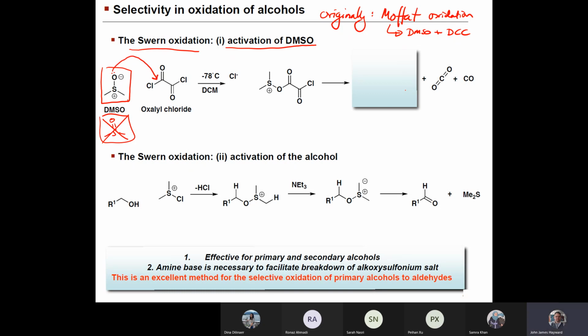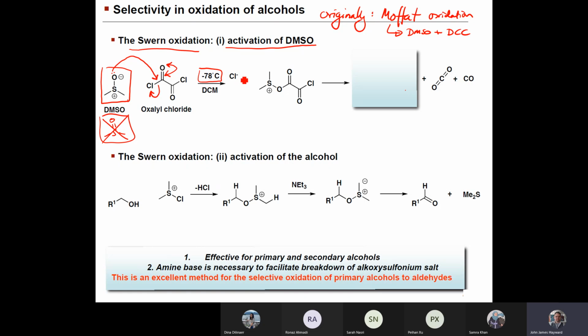We attack oxalyl chloride, which is a very reactive reagent. So we attack the carbonyl, which breaks the bond. The bond then comes back down to kick out chloride. And the important thing is that we do this at minus 78 degrees Celsius.